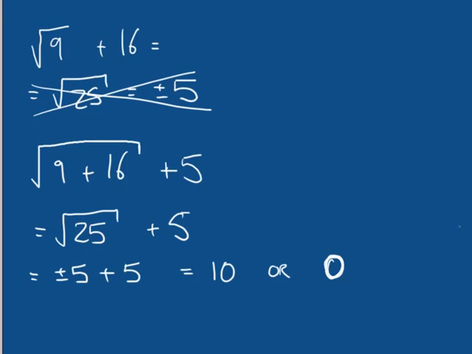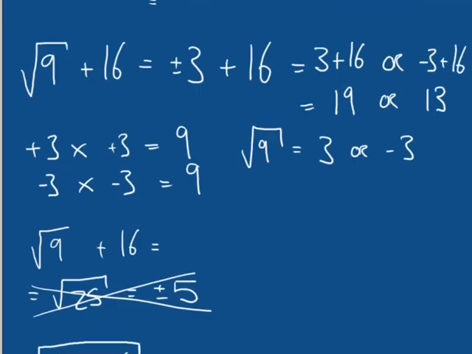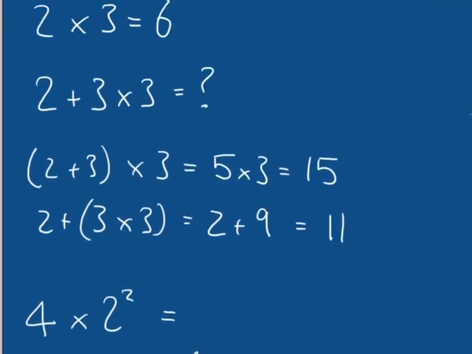So if I was to go back to our earlier example all the way up here, what is 2 plus 3 times 3? Well, we can now see that we must evaluate multiplication and division before addition and subtraction. That means we must evaluate this multiplication before our addition.